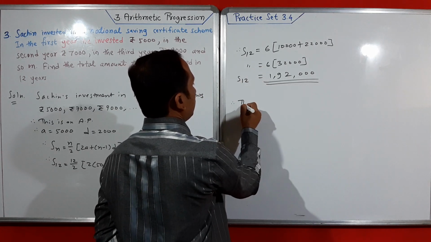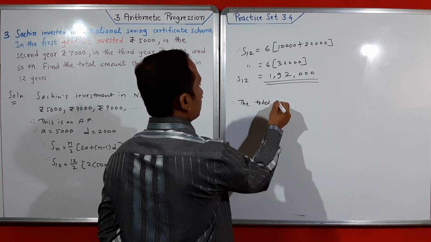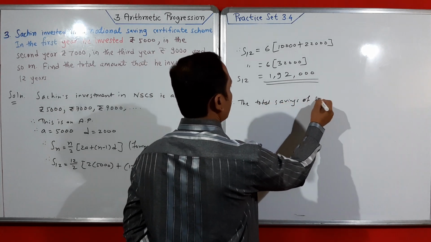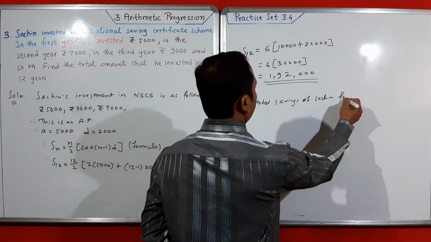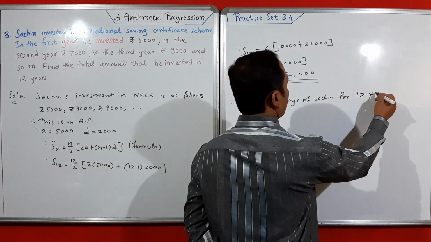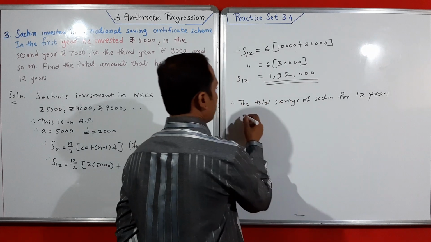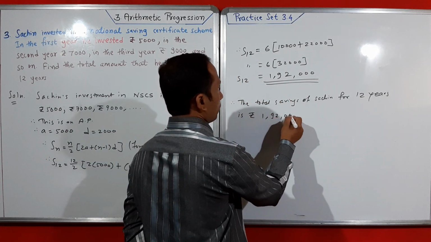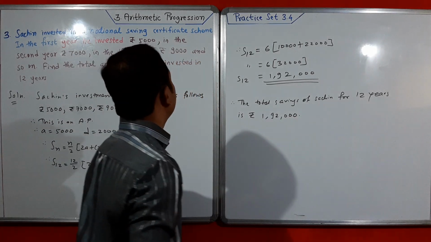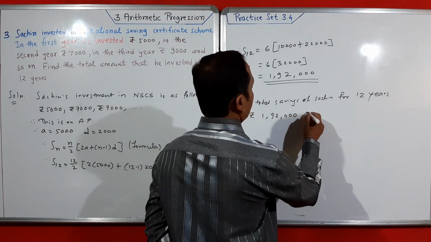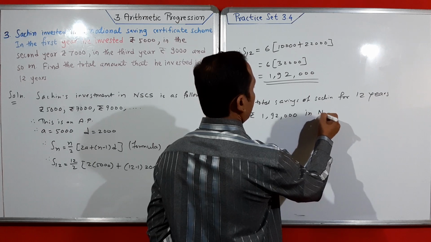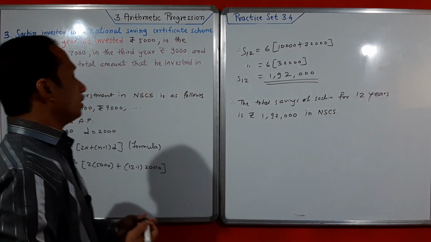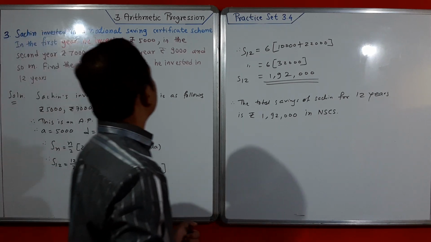Therefore the total savings of Sachin for 12 years is rupees 1,92,000 in NSCS, National Savings Certificate Scheme. So this is the solution for problem number 3.